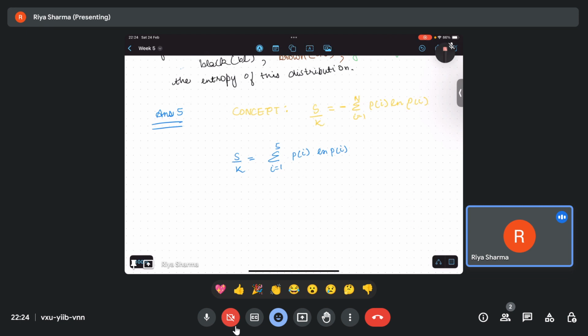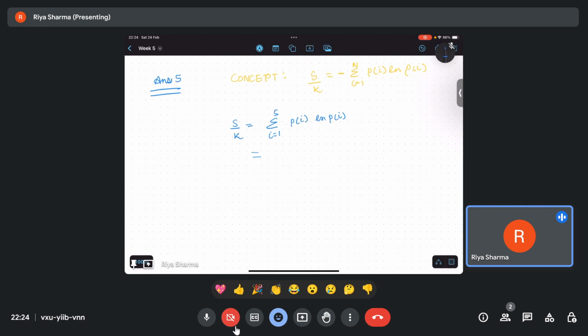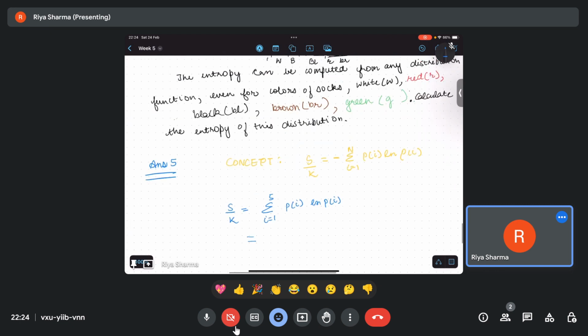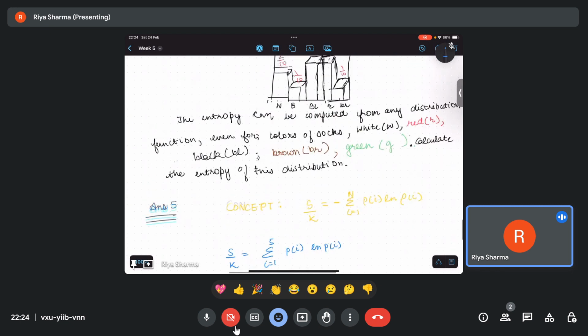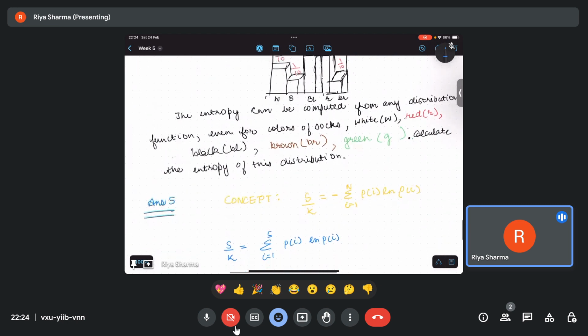So this will equal, the first is P1. First let's see for black and everything, the probabilities have already been given. So let's start with the white only.